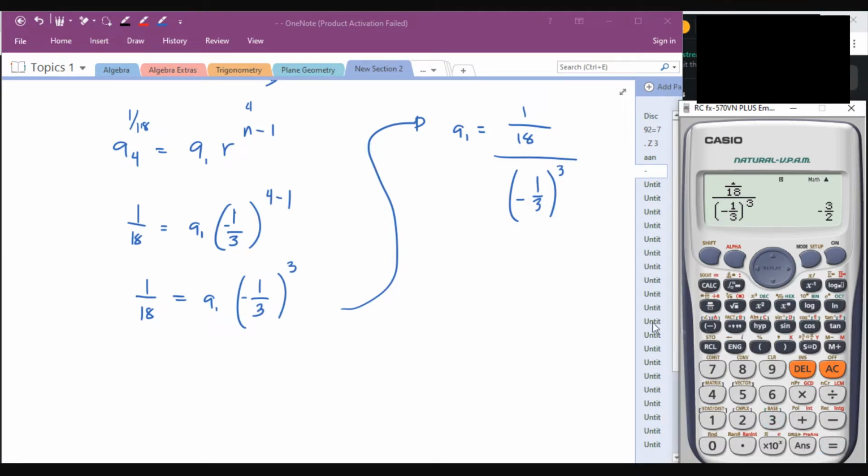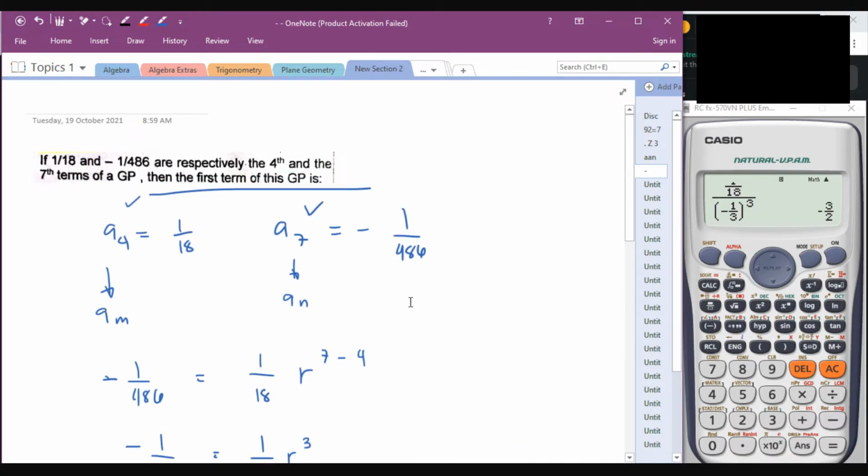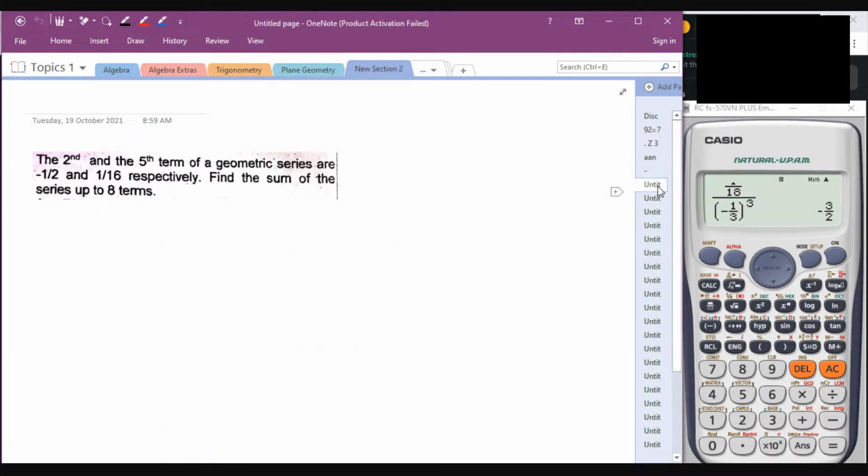The answer is negative 3/2. The first term of the geometric progression is negative 3/2. Very basic. Okay? That's how you solve a geometric progression. How about the next problem?